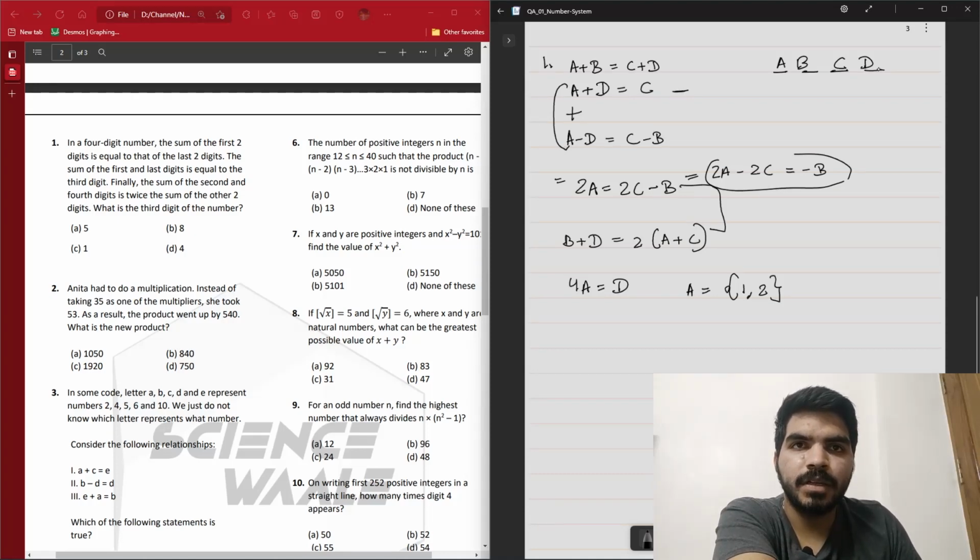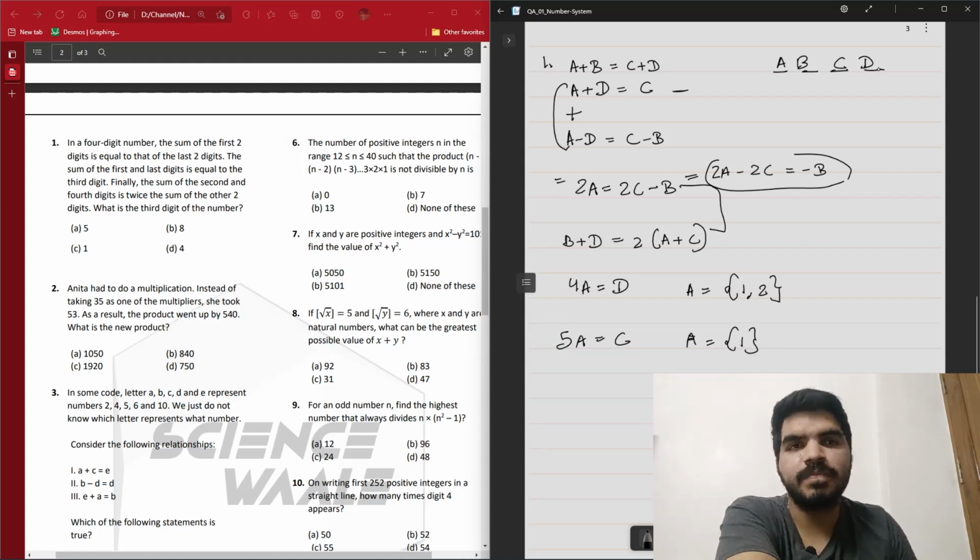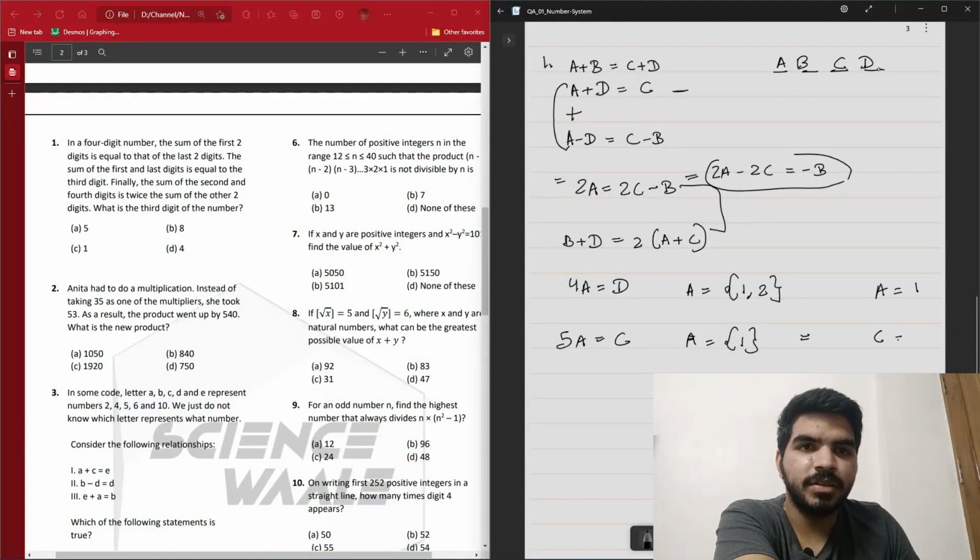This will be 5A is equal to C. Now A can only be 1. How? If A is 2, C will be 10, which can't be possible. So A is equal to 1, B we don't have, C is equal to 5, D is equal to 4.